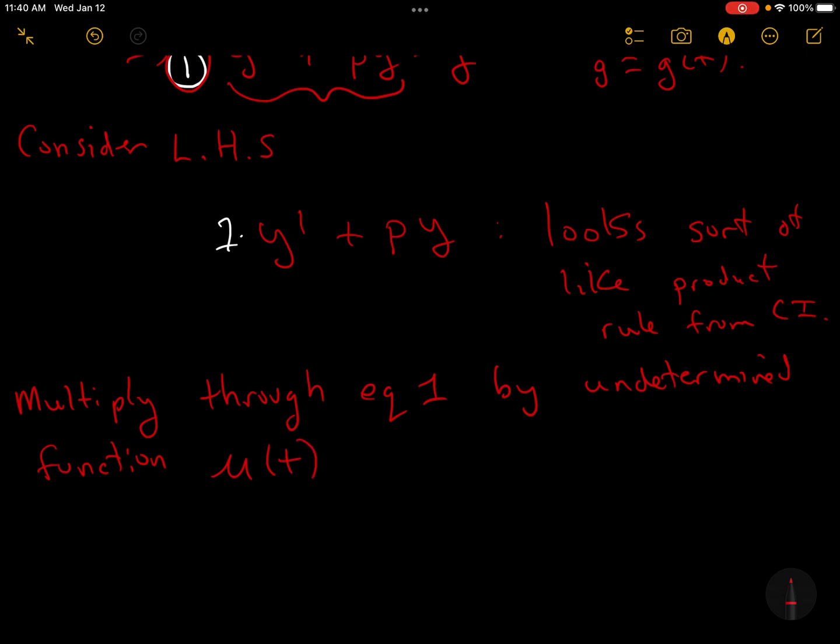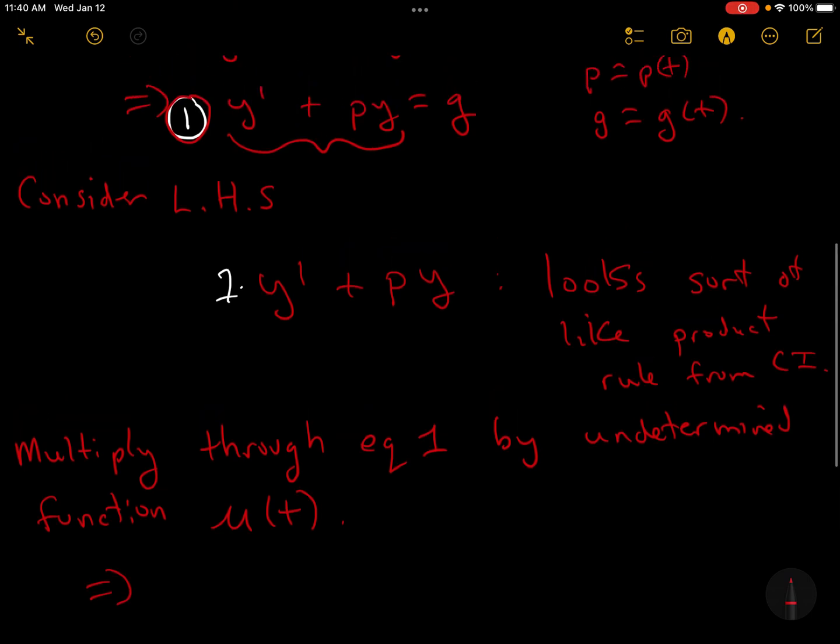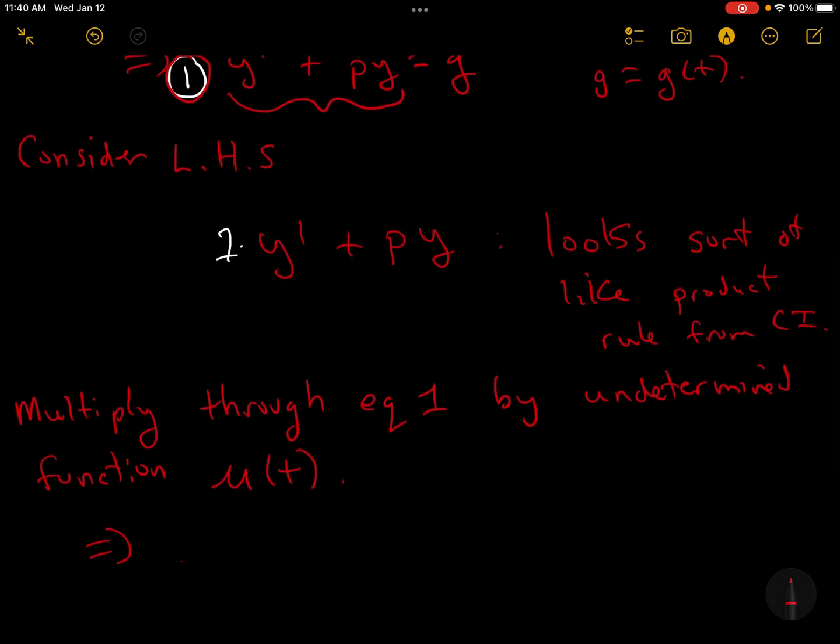It's a Greek mu instead of u. And we don't know what this is. It might not even exist, but it will. When you do that, you get mu y prime plus mu py equals mu g.